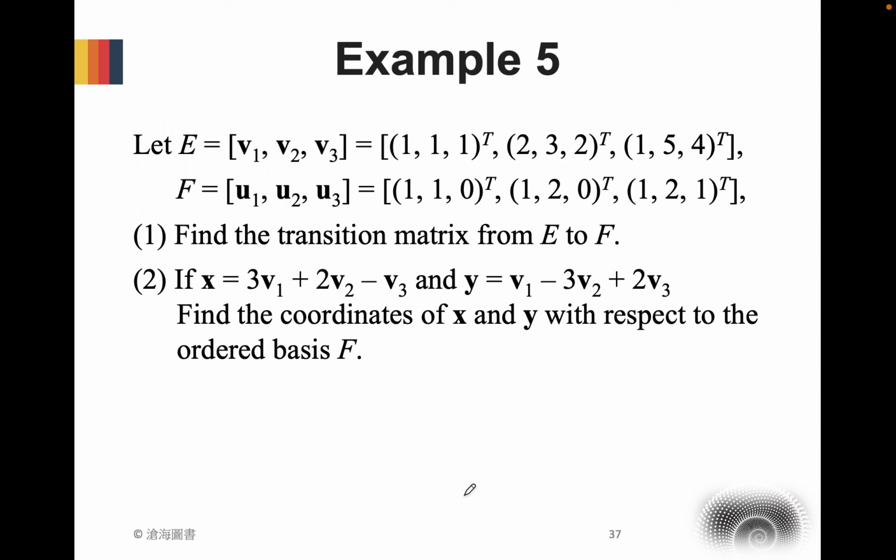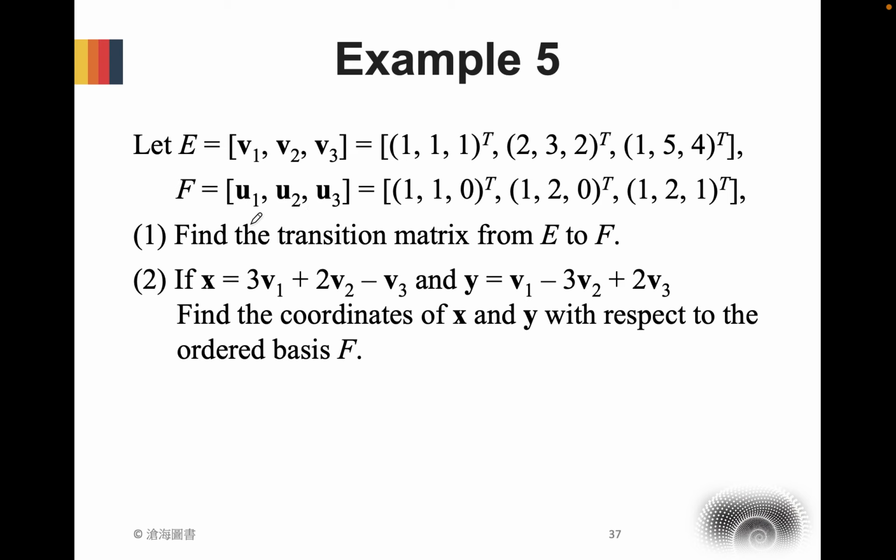Okay, so let's see another example. Let E be V1, V2, V3, and F be the set of U1, U2, and U3. These two sets of vectors form two bases.